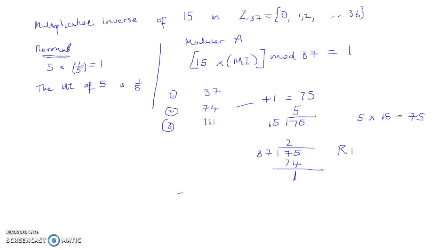So we can now say that 15 multiplied by 5 mod 37 equals 1, i.e. 75 mod 37 is 1. So that means that the multiplicative inverse for 15 in Z37 is 5. And that's your answer.